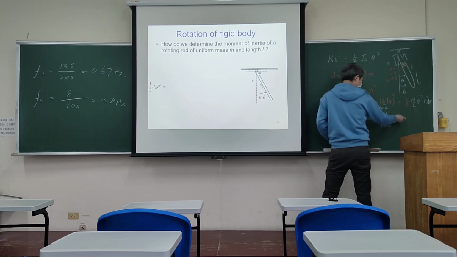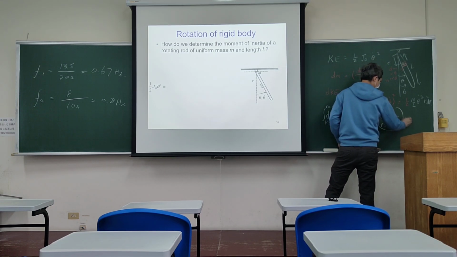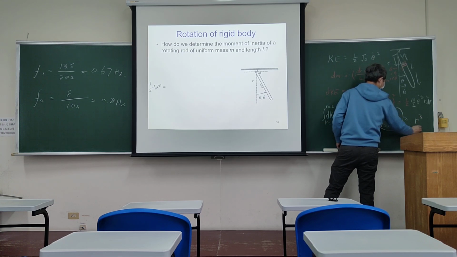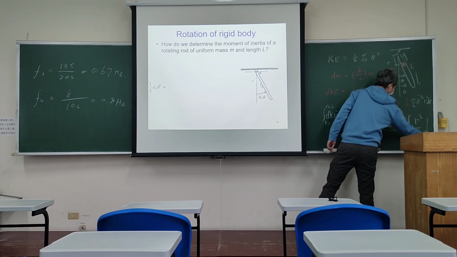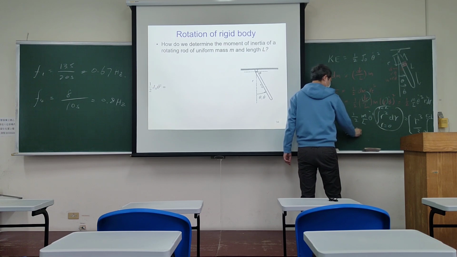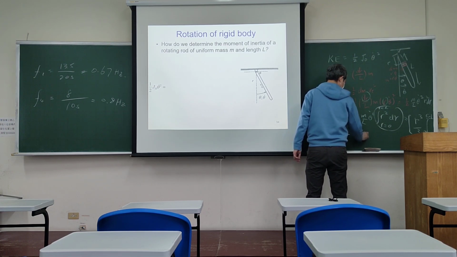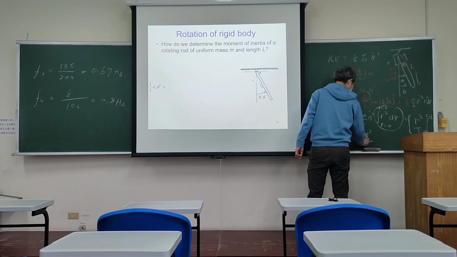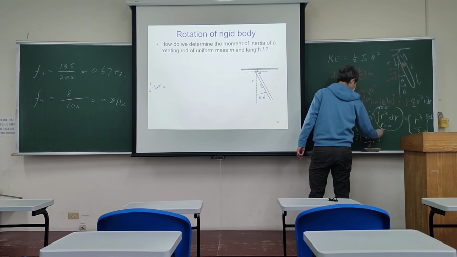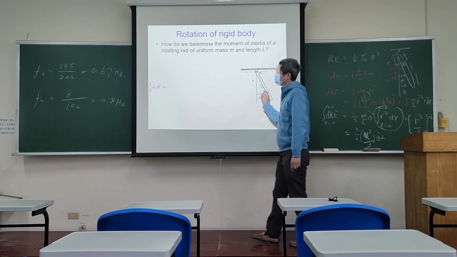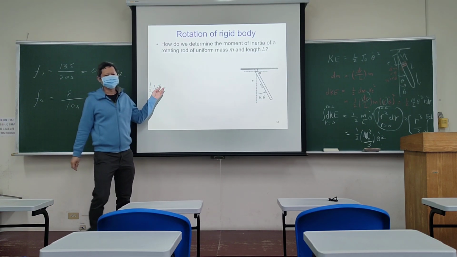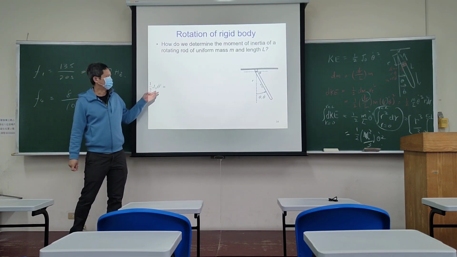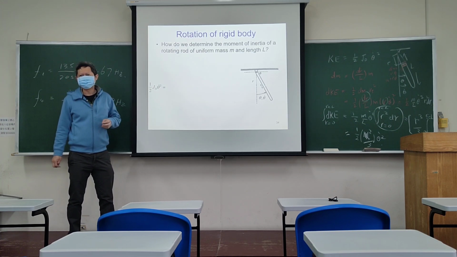Then you can readily find this integral is r cubed divided by 3, by substituting r equal to 0 and r equal to L. So in the end, you have half mL squared divided by 3 theta dot squared. This is how you determine the moment of inertia. You might have learned this in the course of dynamics, and this serves as a revision.